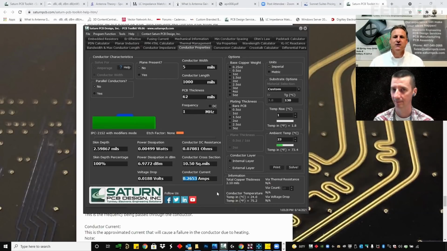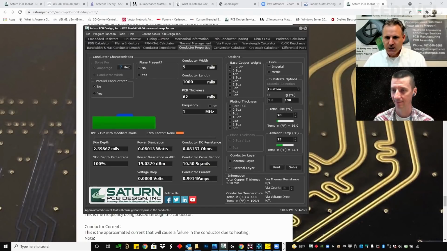That's what that means. It does not mean that the 5 mil conductor can only handle 0.26 and that it'll burn up at 0.26. It just means that that's the current flowing through the conductor that will raise the temperature of that trace by the specific temp rise that you call out.